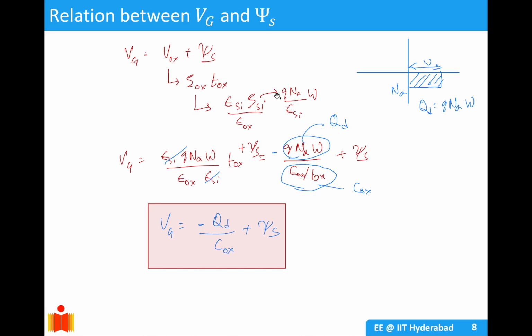So you put all of this in, and you get minus QNA W by epsilon ox by Tox plus ψs. QNA W is your Qd, your depletion charge. Epsilon ox by Tox is Cox, that we know. So Vg comes out to be Vg equals minus Qd by Cox plus ψs.